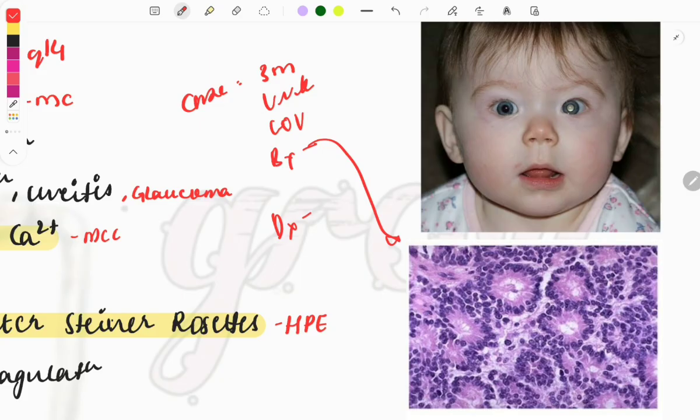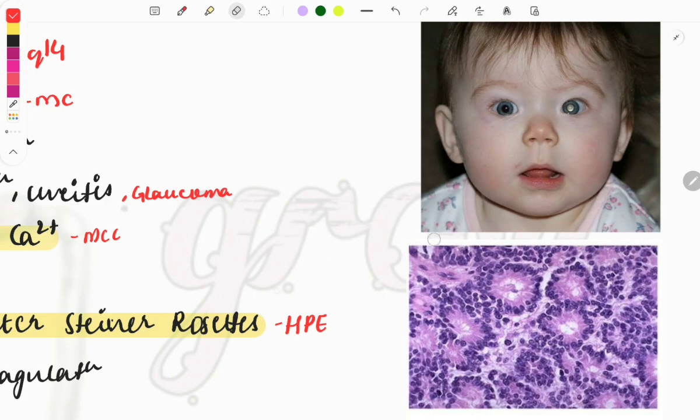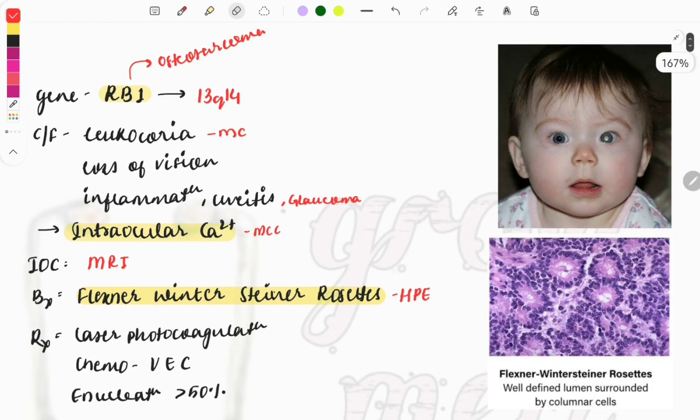Or they can say the child is diagnosed with retinoblastoma, which of the following gene mutations causes this disease? It is the RB1 gene. Or they can directly ask on which chromosome the retinoblastoma gene is located. These are the various types of questions asked in past years. So you should prepare the topic thoroughly, so that whatever question is asked related to that topic, you will be able to solve it easily.